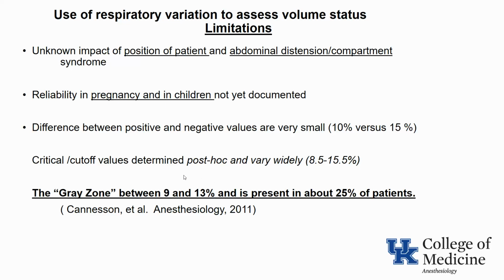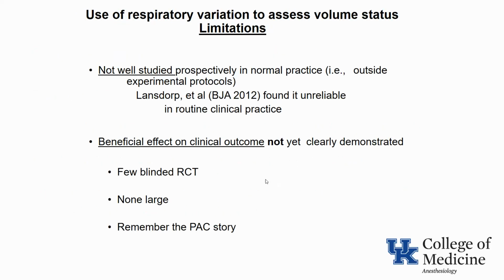And so there's this wide gray zone in which, unfortunately, about a third of our patients lie. Finally, it has not been well studied prospectively, and the beneficial effects of its use in clinical outcomes are not yet clearly demonstrated.